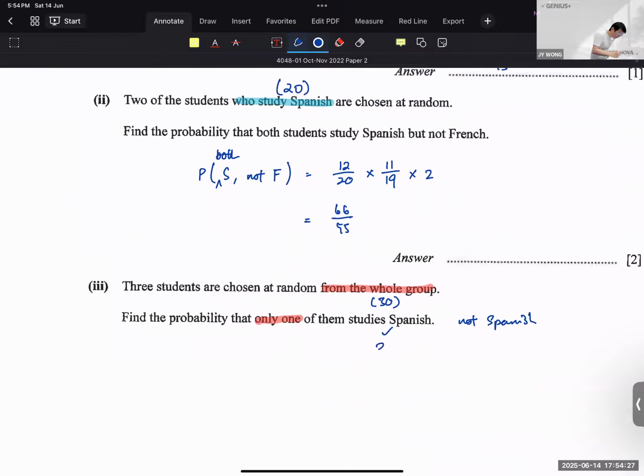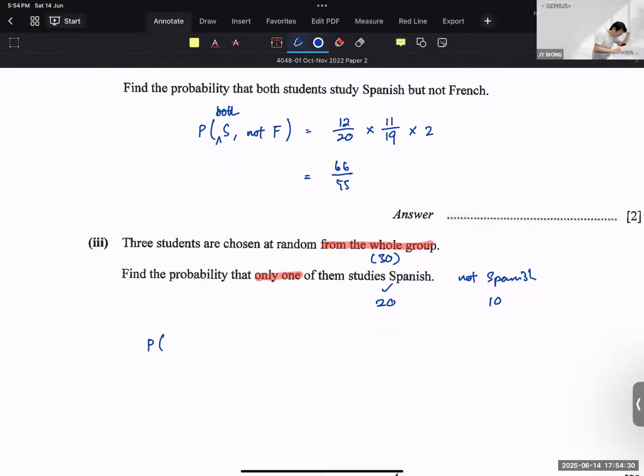Not Spanish got how many people? 10. So the P(only 1 Spanish) will be equal to 20 out of 30, right? Times the other 2 will not be Spanish, so 10 out of 29 times 9 out of 28.